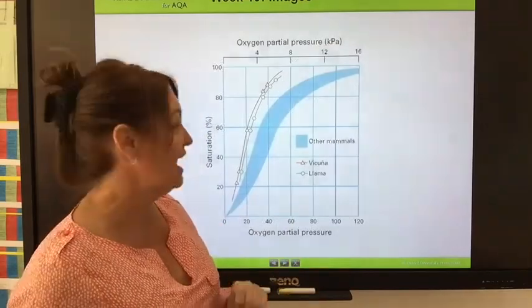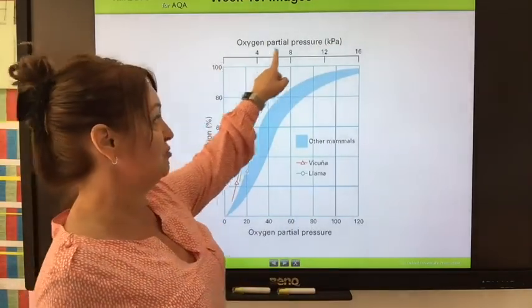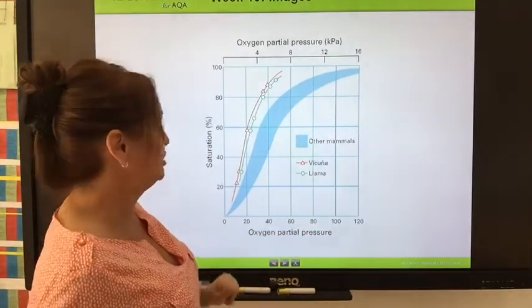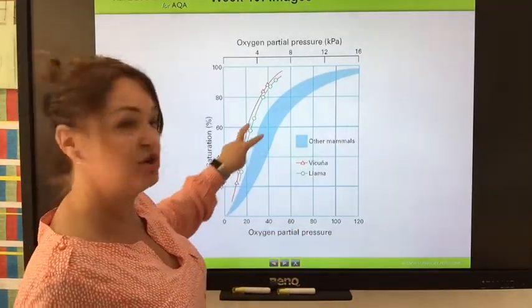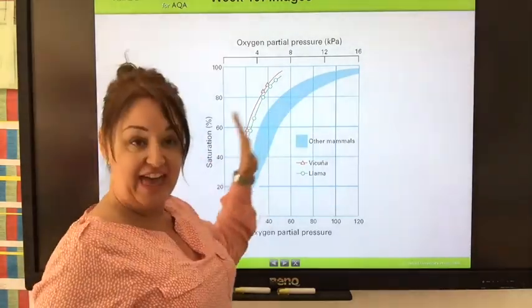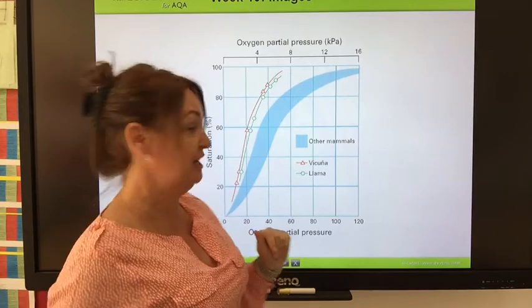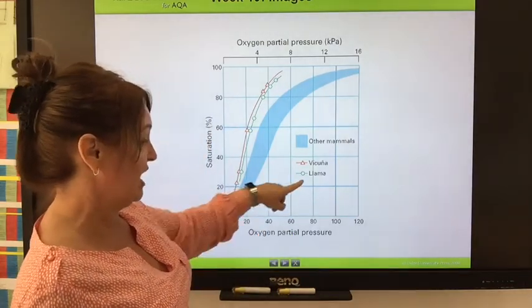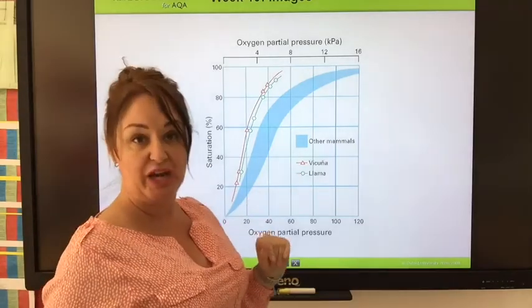Here's another graph, and it shows the oxygen partial pressure at the top, and it's just turned it into percentage at the bottom. It's got a range here which shows where most other mammals' saturation curves live, and then it's got two other curves showing a llama and a vicuña.